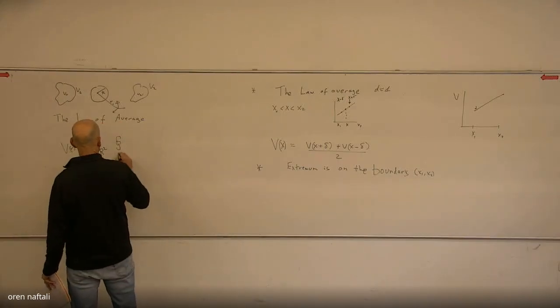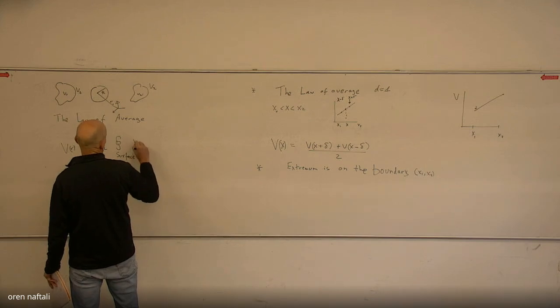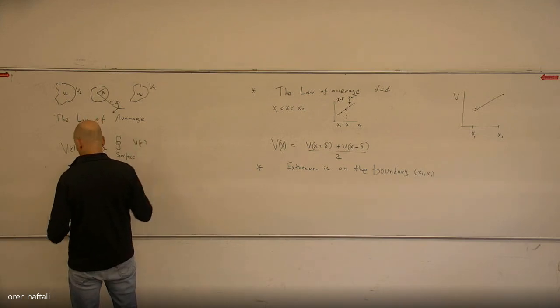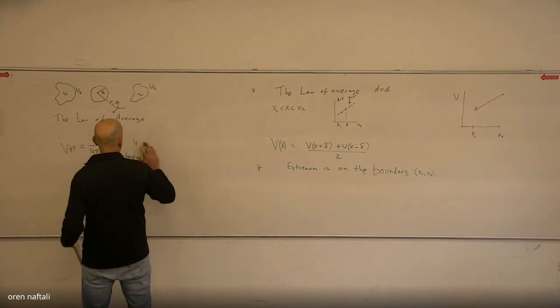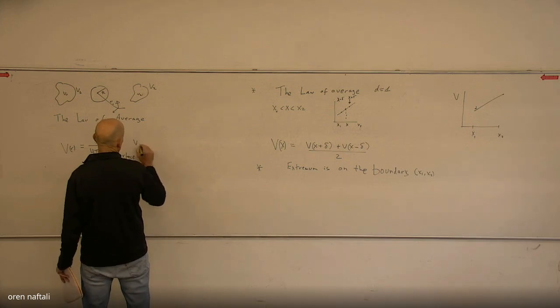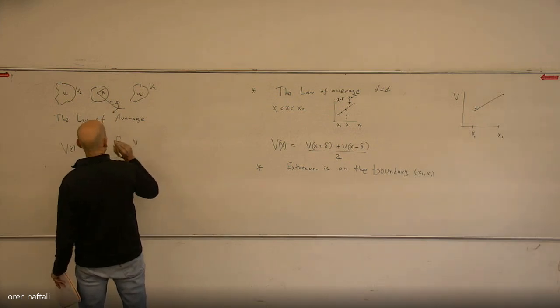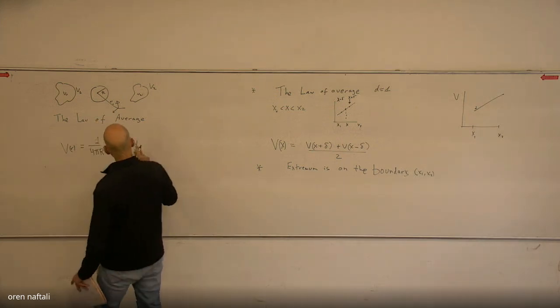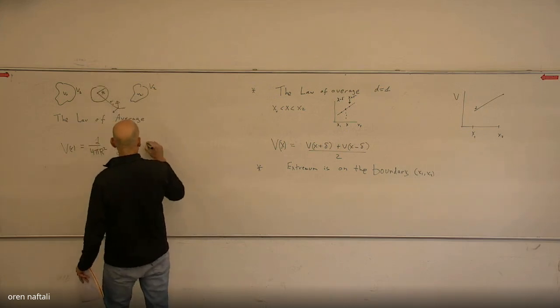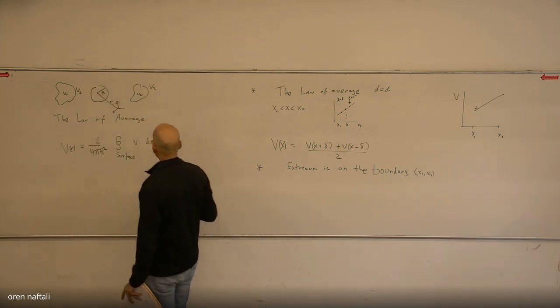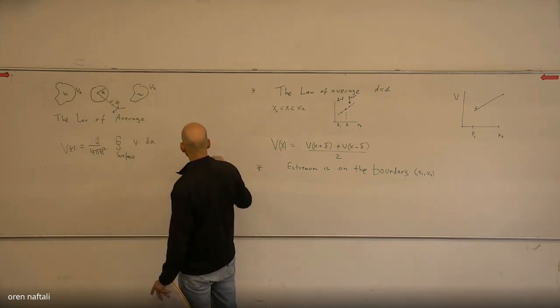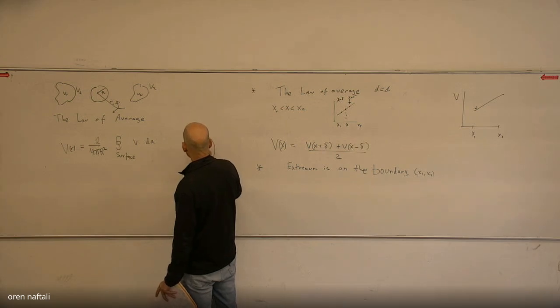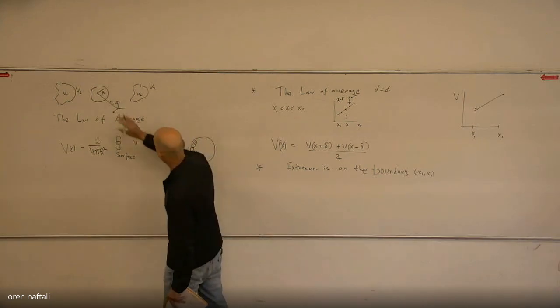Integral on the surface of V, general V, not V of r, V. Where is it? It's the V on the surface, dA. So what I have here is some small patches dA. This is the sphere.